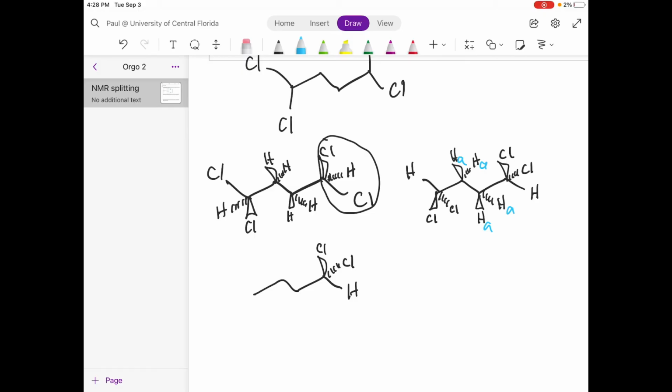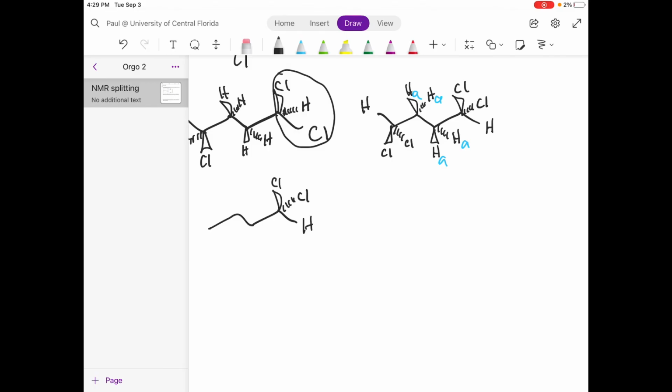Okay, so let's take a look at that. How can we see if those are equivalent to one another? We could do a replacement test. Let's do the replacement test real quick so we can make sure we really see what's going on here, okay?